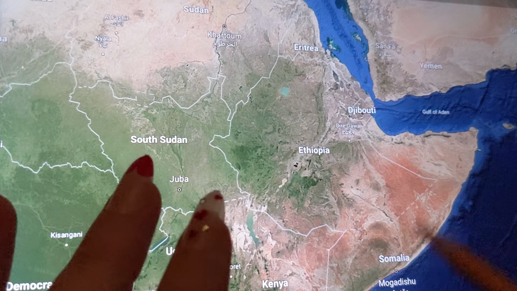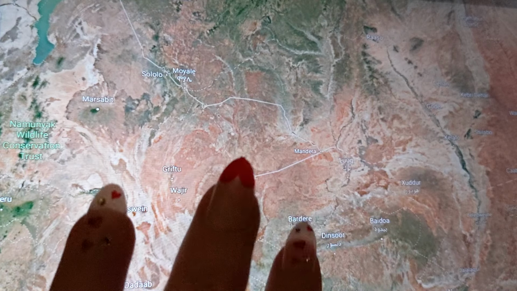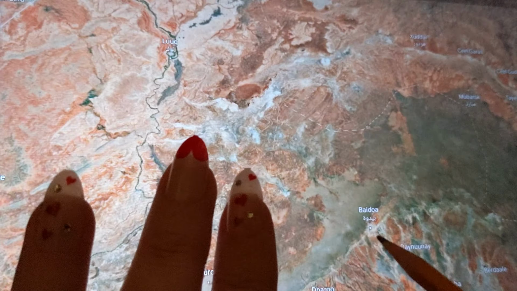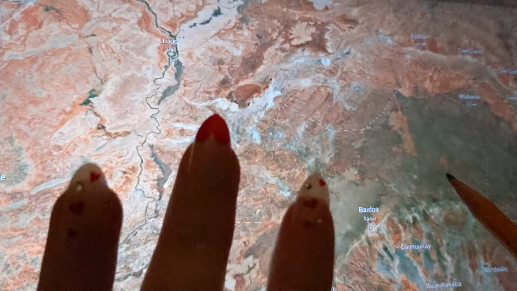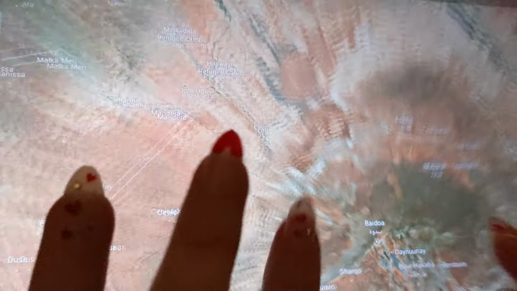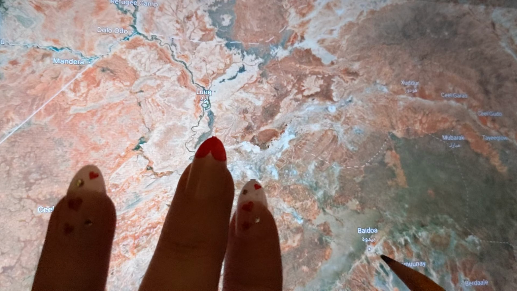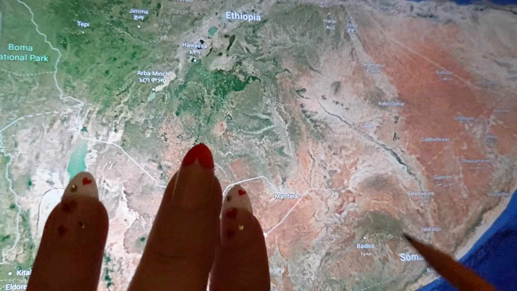And it was this area in particular that was very affected by famine because of the war. And actually, my fellow American viewers, we have a congresswoman named Ilhan Omar, and she's from Mogadishu, but she spent her childhood here in Baidoa, and this was where she fled to the United States during the Somali Civil War.